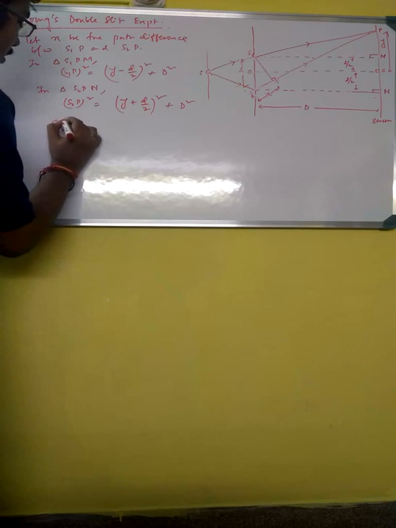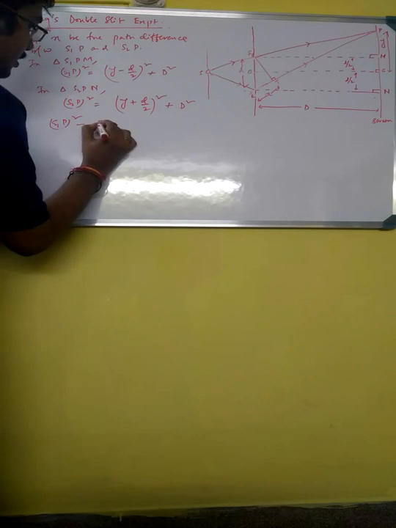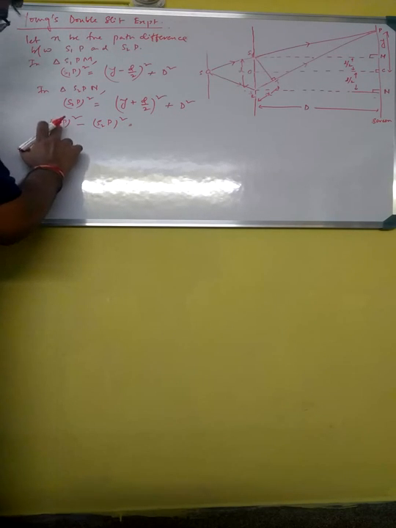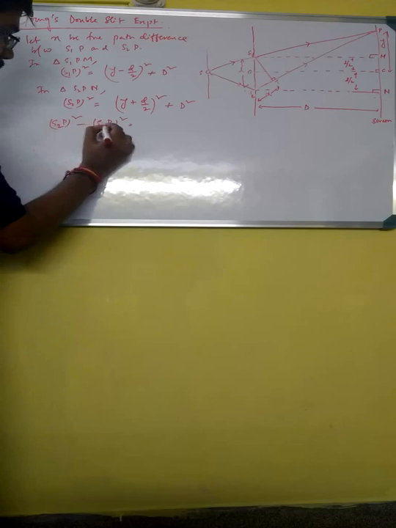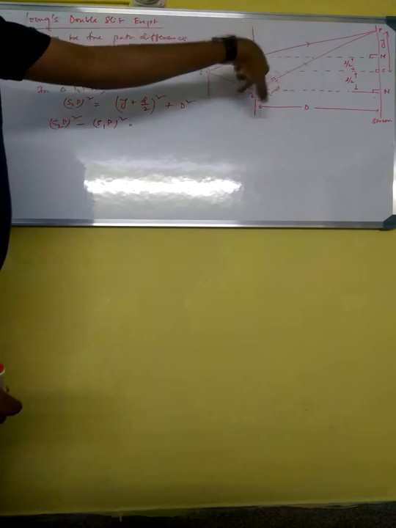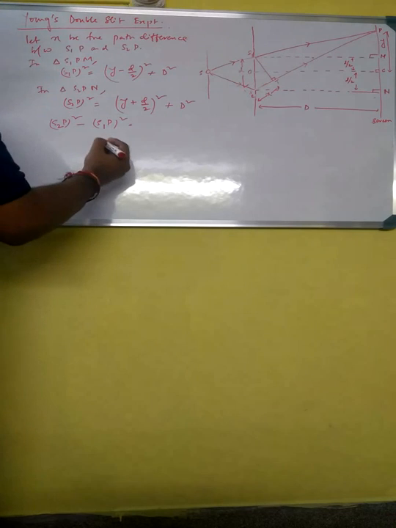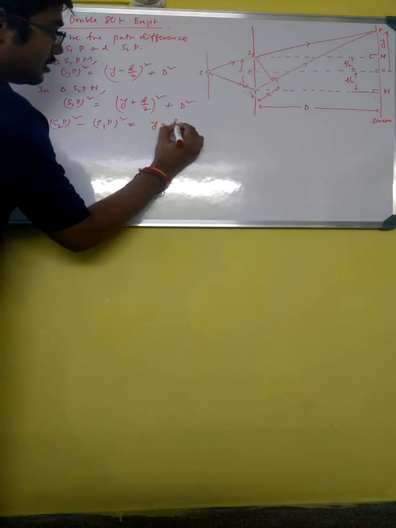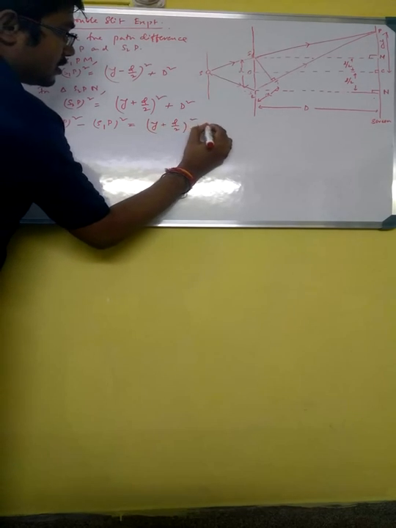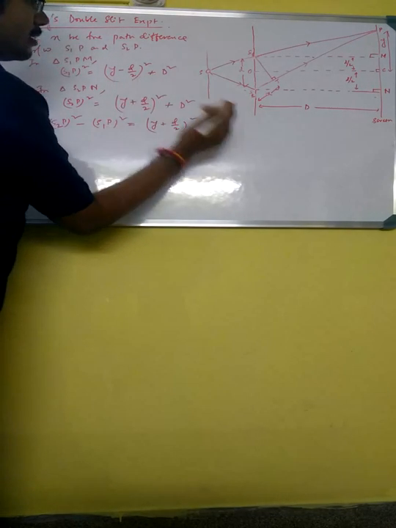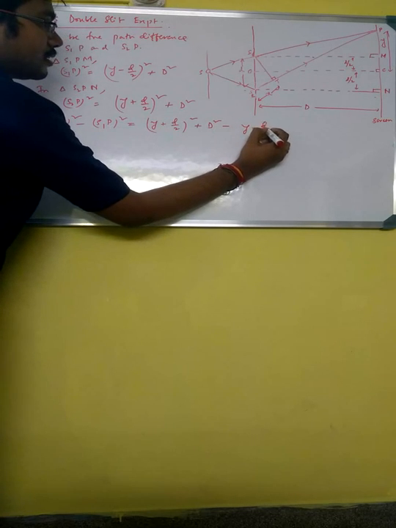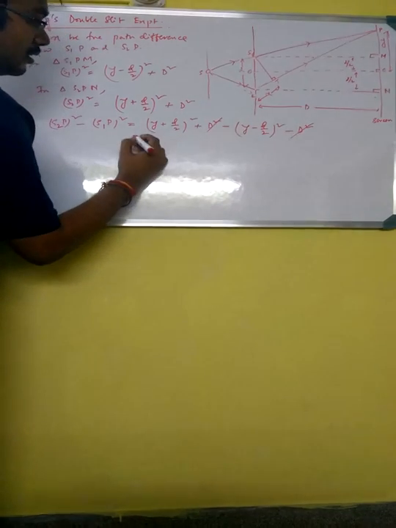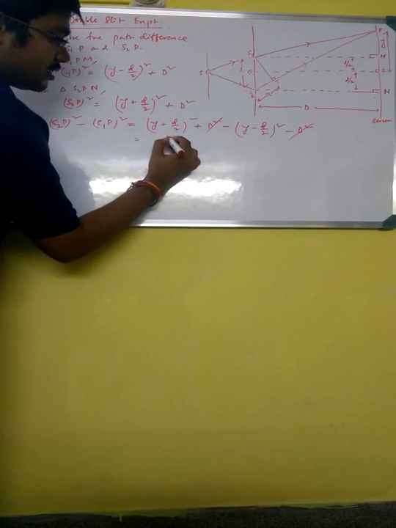Now we'll subtract these two. S2P squared minus S1P squared, as S2P is longer, is y plus d by 2 whole squared plus D squared minus y minus d by 2 whole squared minus D squared. So the D squared cancels out.